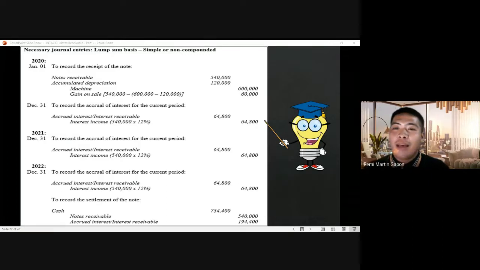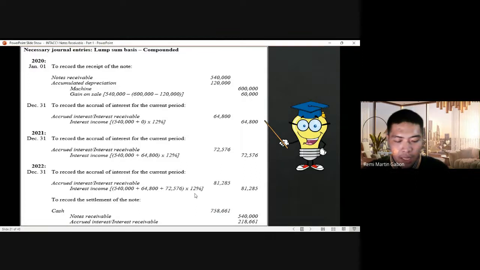Ayun. Sabi ni Sandra, compounded. Compounded daw kasi malaki yung sobra. Kasi to think 3 years, meron na silang difference. 758,661 minus 734,400, may difference na 24,000 plus.